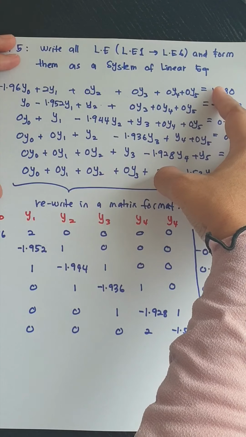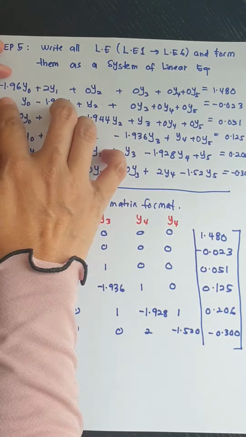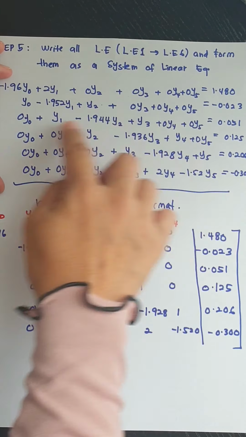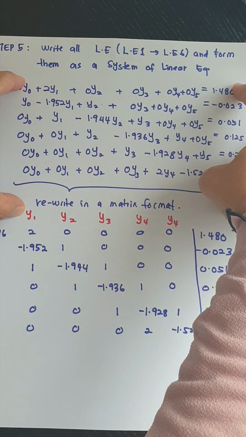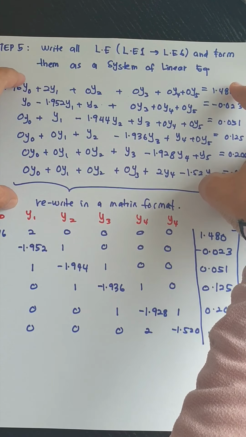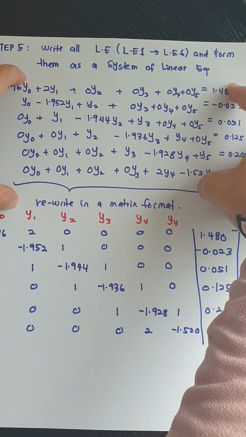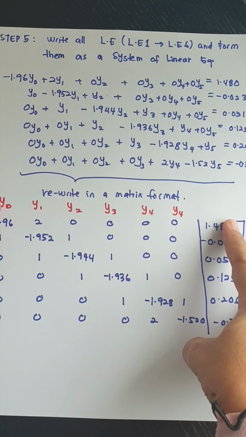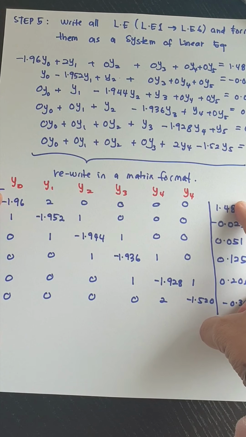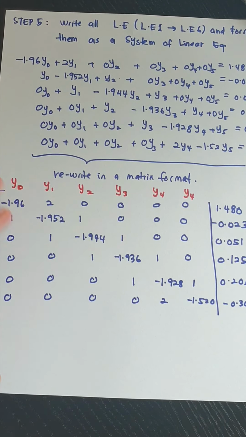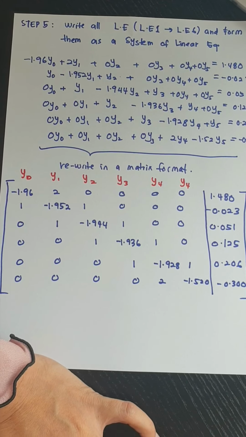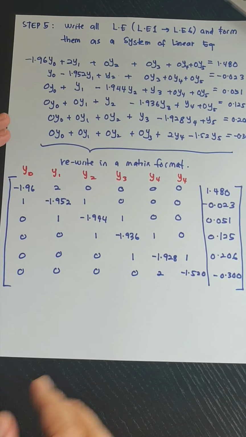So from step 4, list all the linear equations that you have created over here. This is one system of linear equations, and from it you have to rewrite it again in matrix format. So this is the matrix format for your system of linear equations.